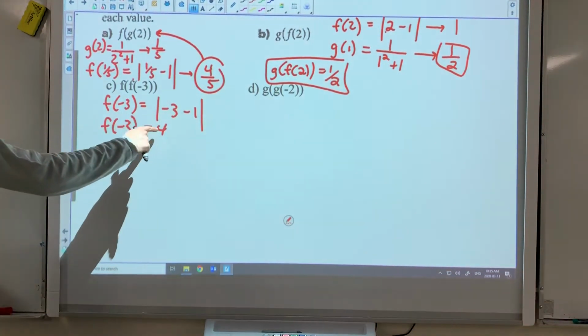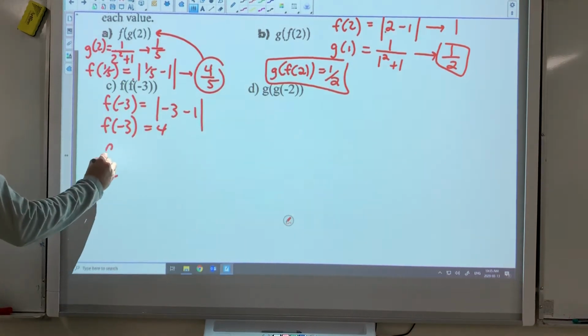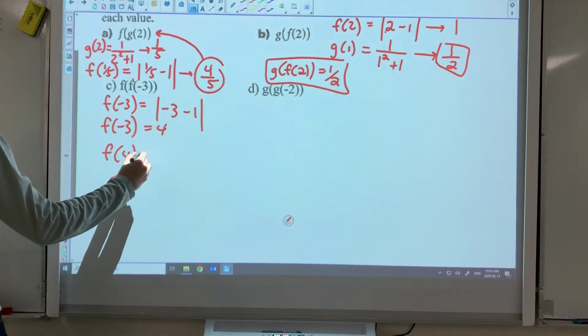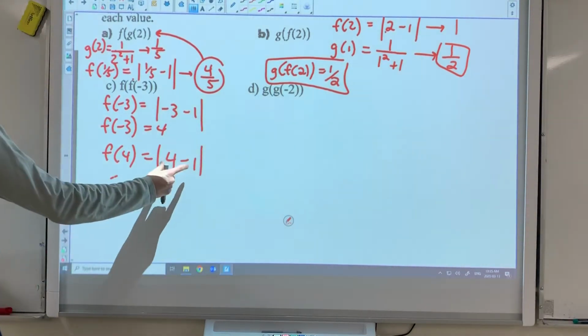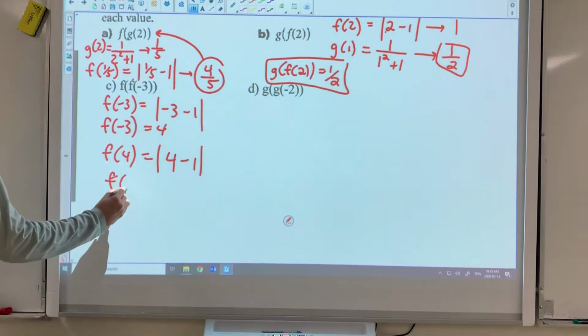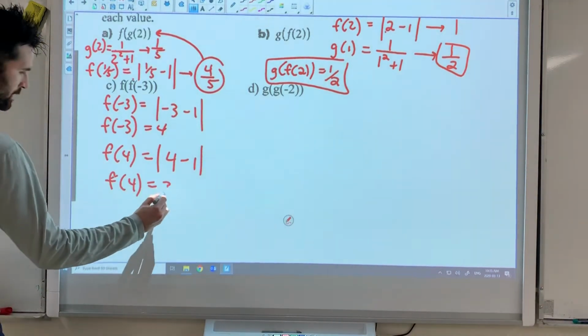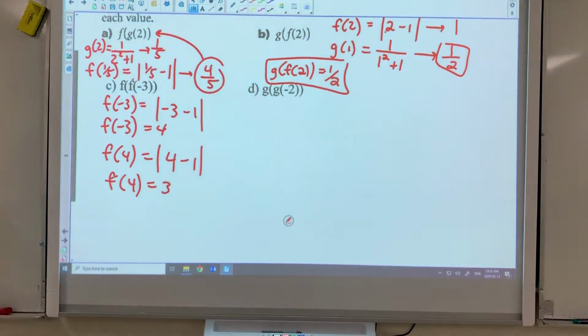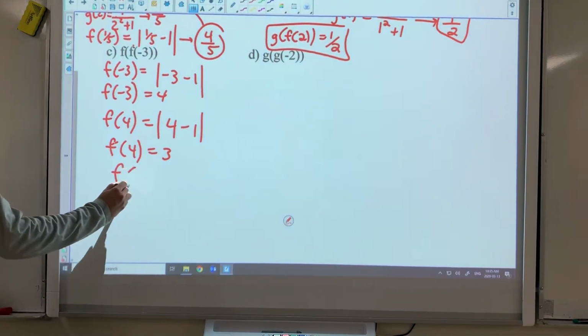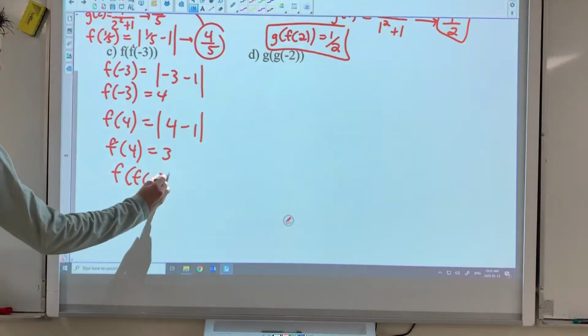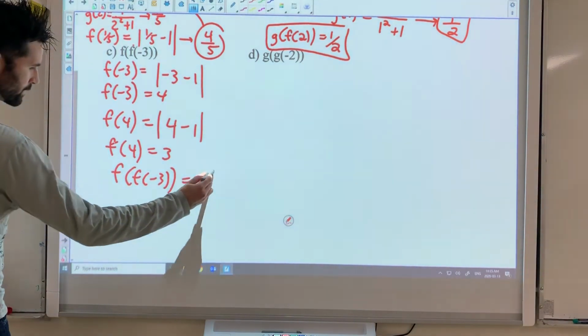And then we're going to take this and plug it into f again. So now we're going to go f of positive 4. So that's going to be 4 minus 1. You get 3. Absolute value of 3 is still 3. So then you should write f of negative 3 equals 3.